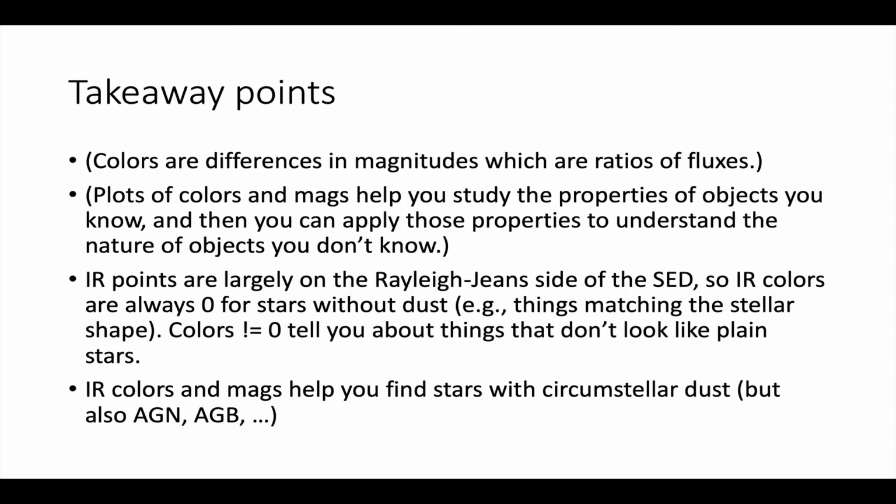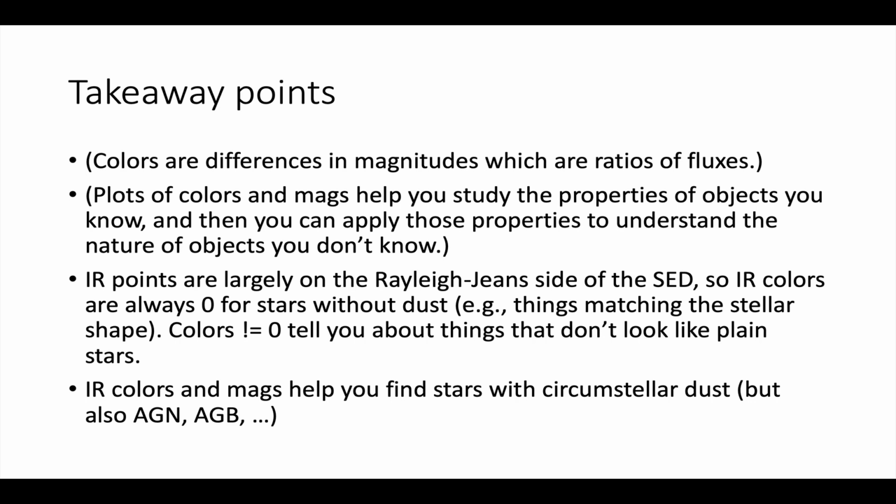So the main takeaway points from this section, remember, of course, that colors are differences in magnitudes, which are ratios of fluxes. And plots of both colors and magnitudes help you study the properties of objects you know, and then you can apply that to understand the nature of objects you don't know. The infrared points are going to be basically all on the Rayleigh-Jeans side of the SED. So the IR colors are always going to be 0 for stars without dust.